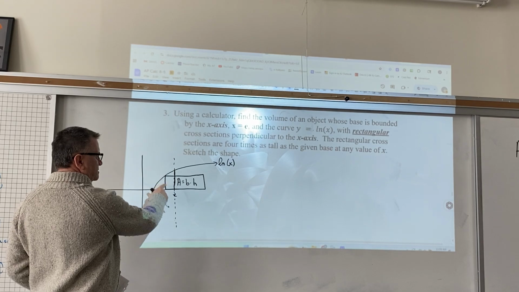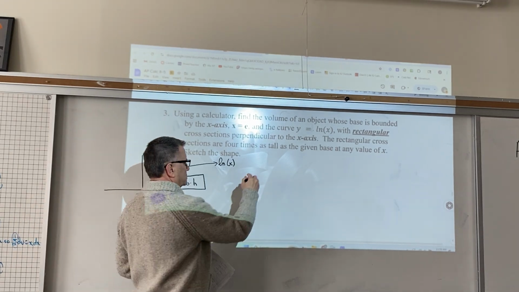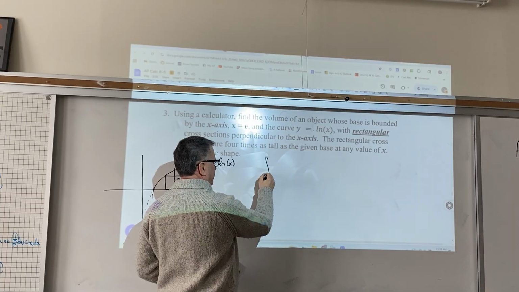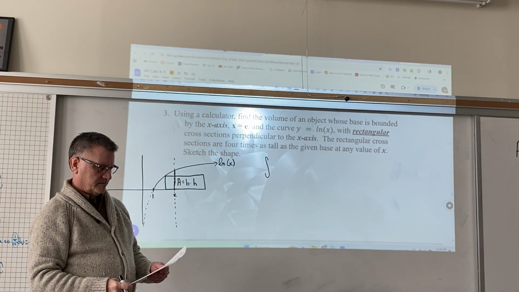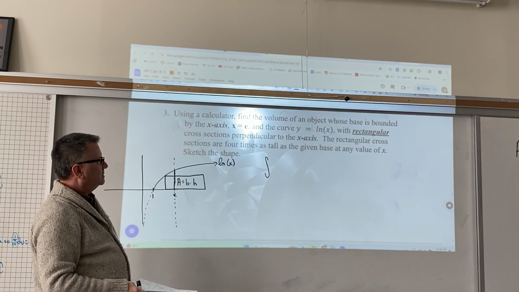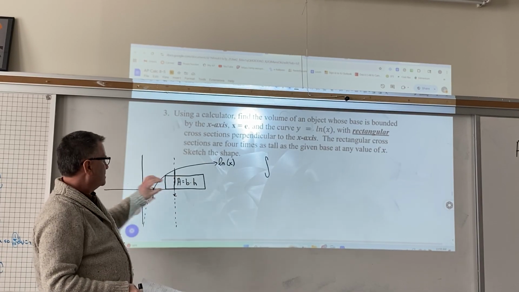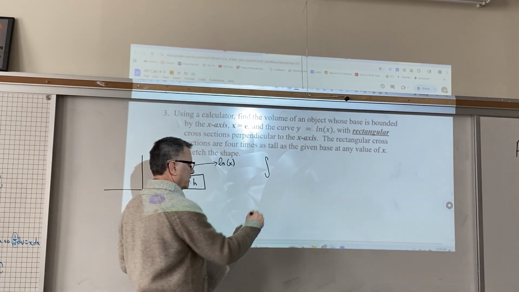Isn't the base that? And that's what's changing. So can we just skip all the, I need to add up an infinite number of rectangles and just skip to the chase. And it looks like I'm going perpendicular to the x-axis. So I'm going across the x-axis. So it looks like I'm going from 1 to E.